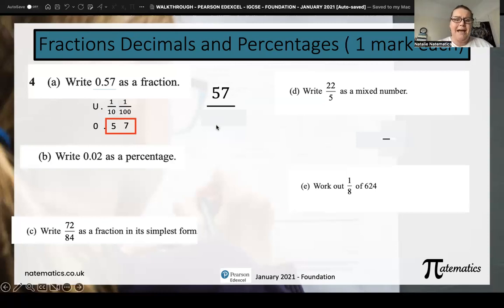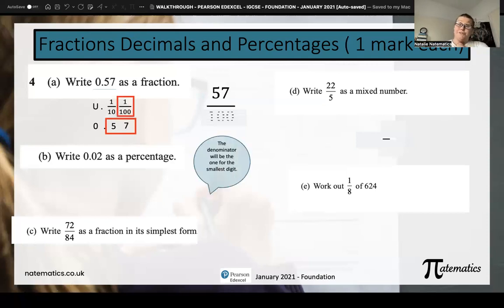What number are we going to have on the denominator then? The way we do this is we look to see what is the value of the smallest digit, the one furthest to the right. So here it's 7 hundredths. So therefore, the denominator for our fraction is going to be hundredths.